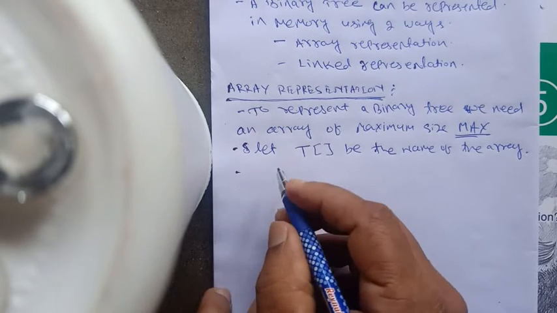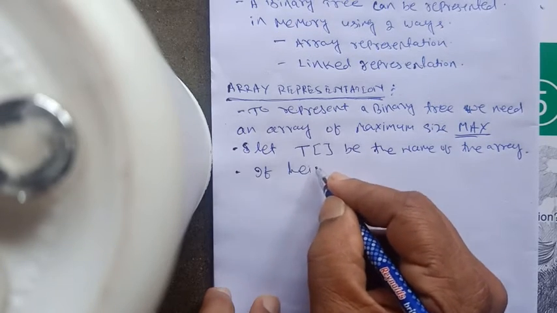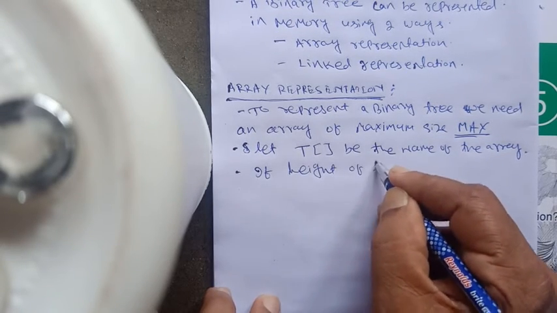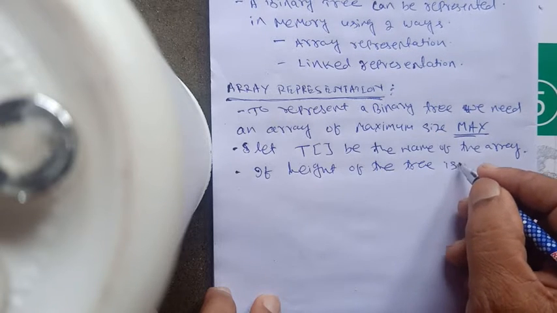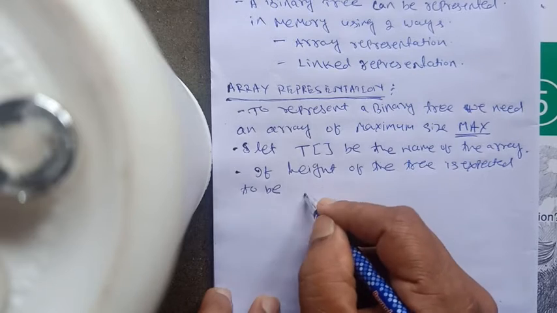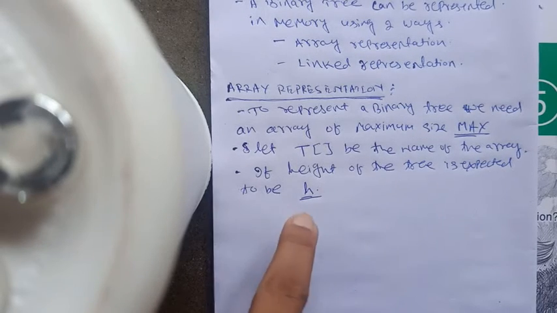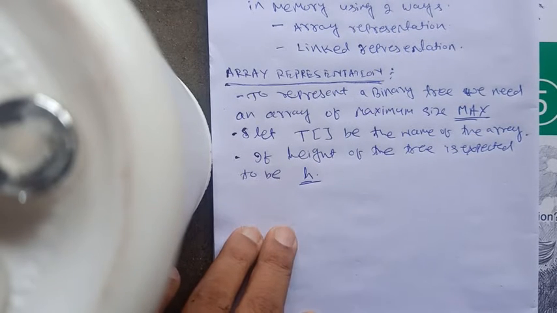Now if the height of the tree is expected to be h, what should be the maximum number of nodes that we can accommodate in that tree?